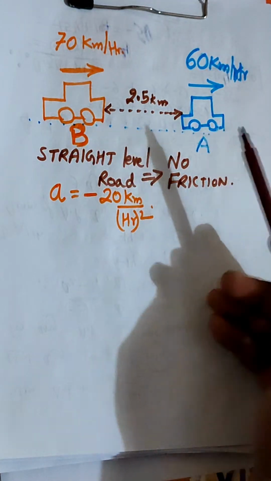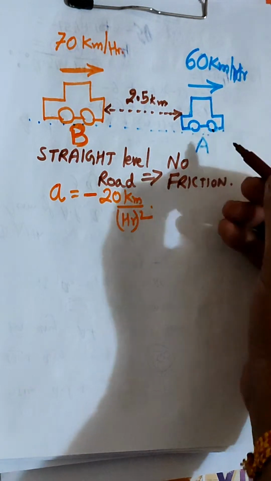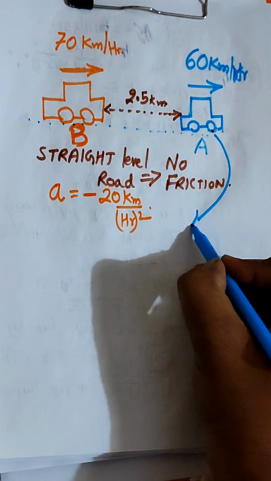Since there is no acceleration given for A, I'm just changing the colors for clear understanding.